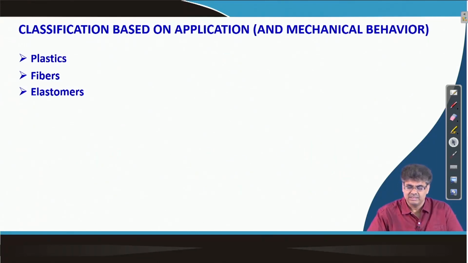Now, we can further do a classification based on application and mechanical behavior, and I will come back to this probably when we talk about the mechanical behavior of this polymer material. So, I will basically do this quickly.